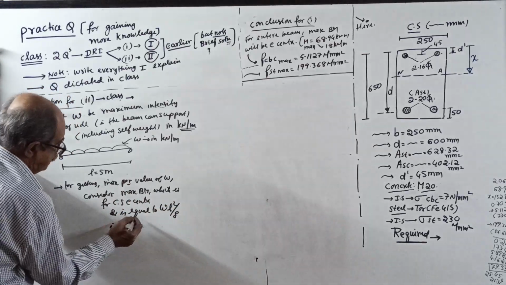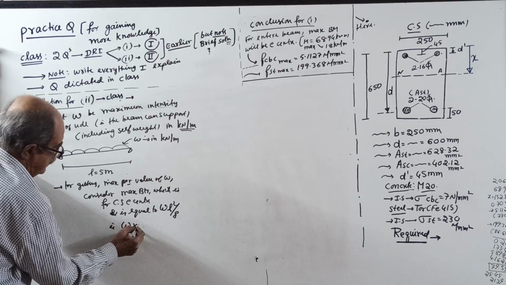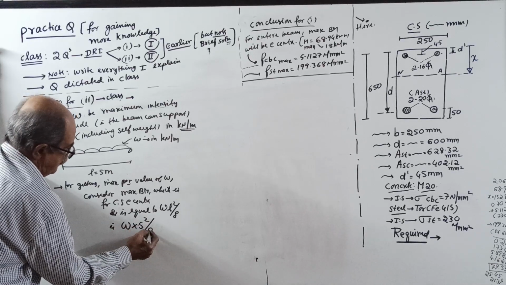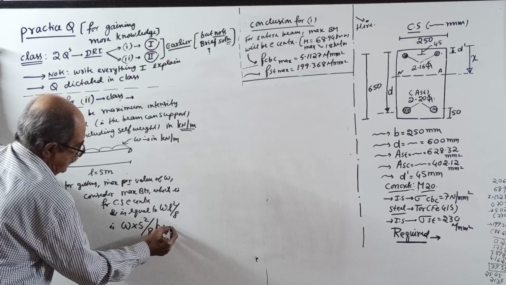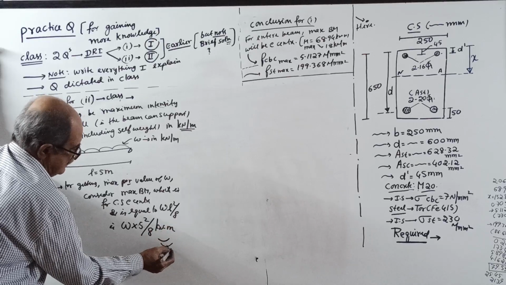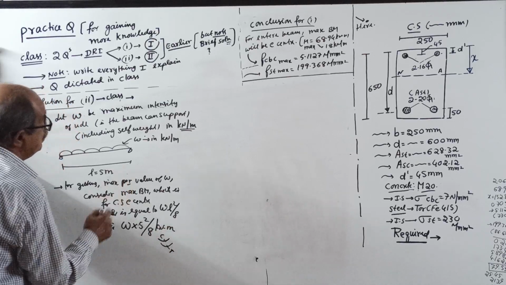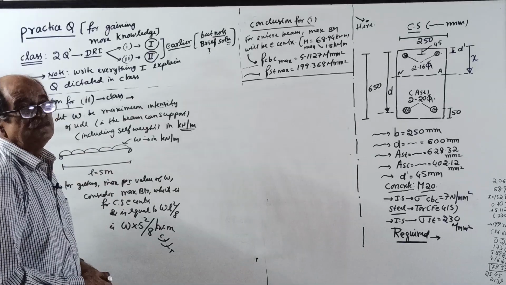That is, W is unknown. W into 5 square by 8 kilonewton meter, sagging, tension, compression. Okay, now this much over.